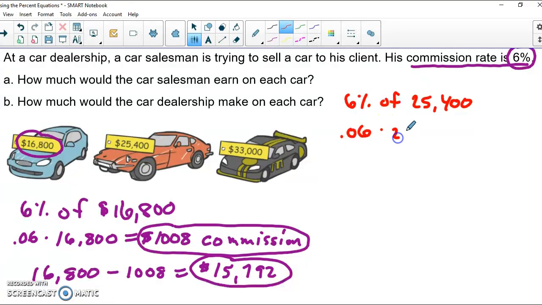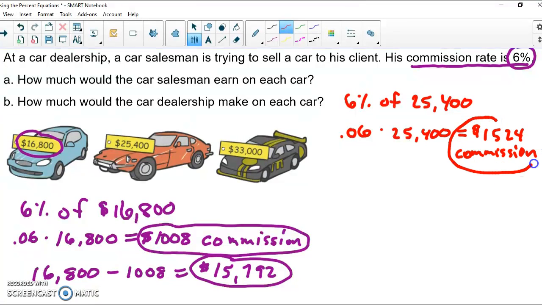Of means times. So I am going to do 0.06 times 25,400, which is $1,524. So this is my amount of commission. This is what the car salesman will earn.